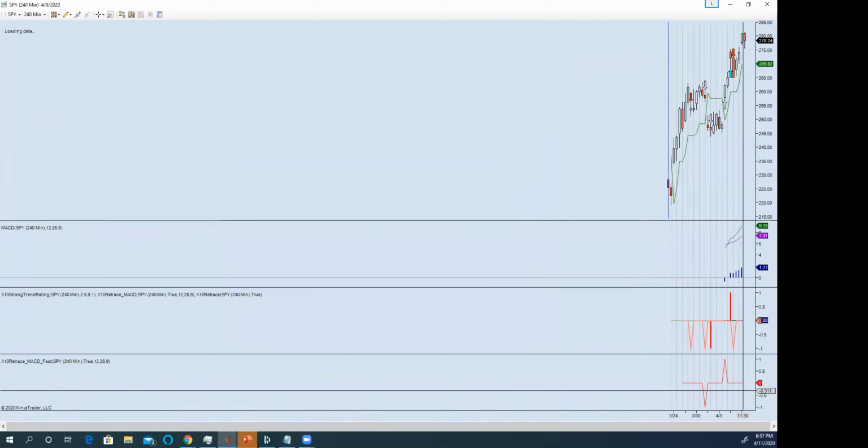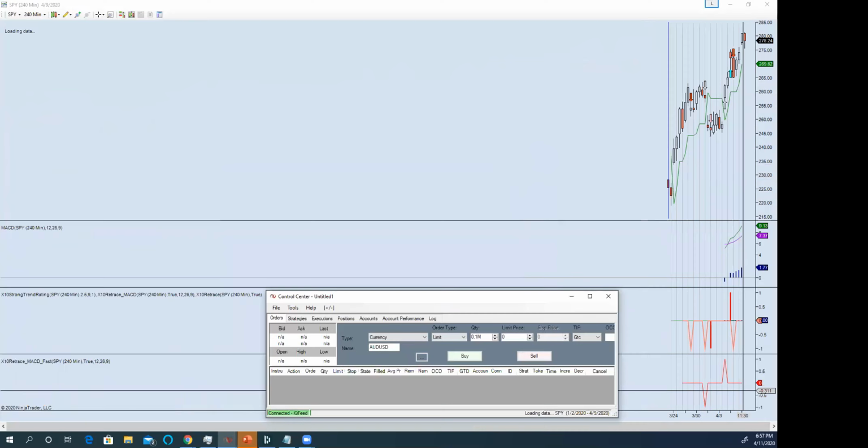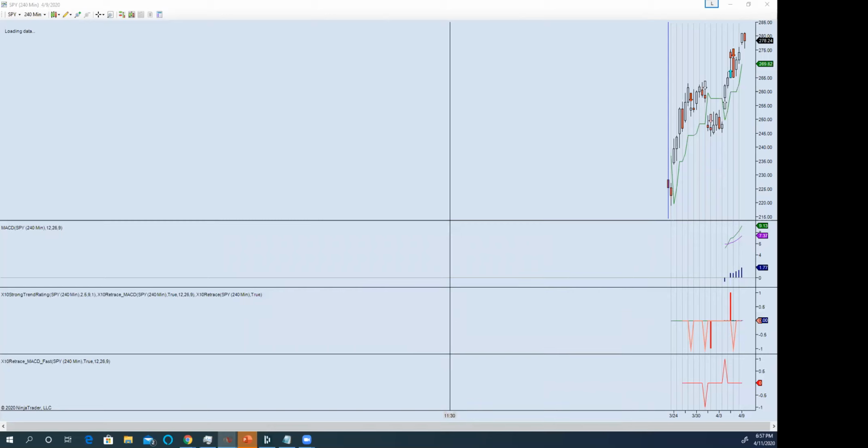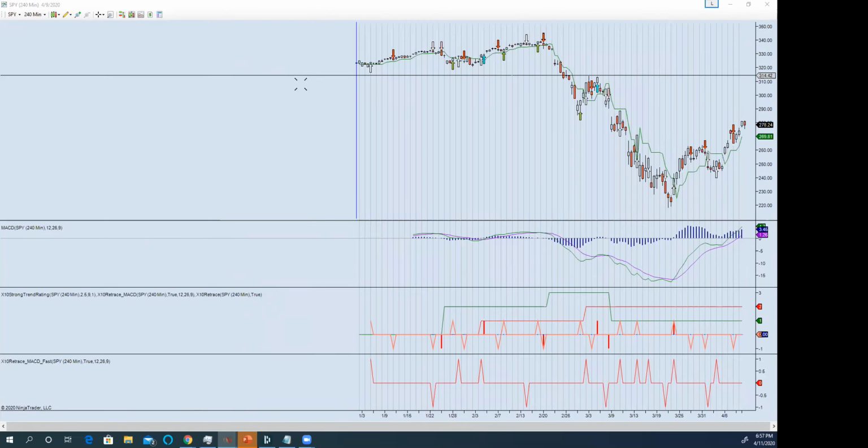All right, see what's going on. If it's not pulling up data here, there you go. So this is from January 3rd all the way through.